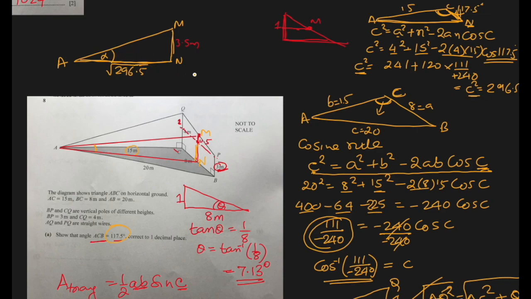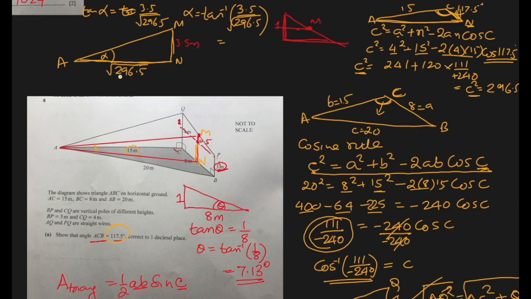Now we can find alpha easily. First let's write tan alpha will be 3.5 opposite over the square root of 296.5. That gives us alpha equal to tan inverse of 3.5 over the square root of 296.5.